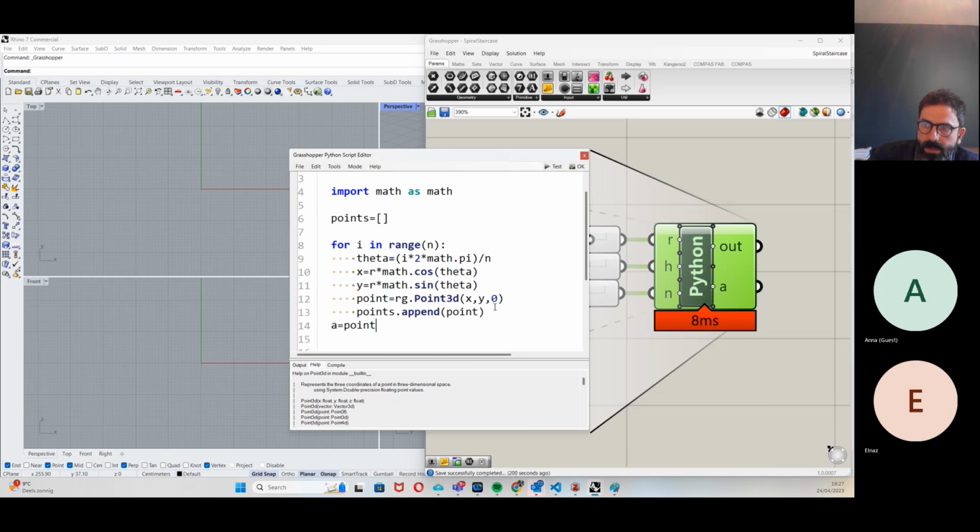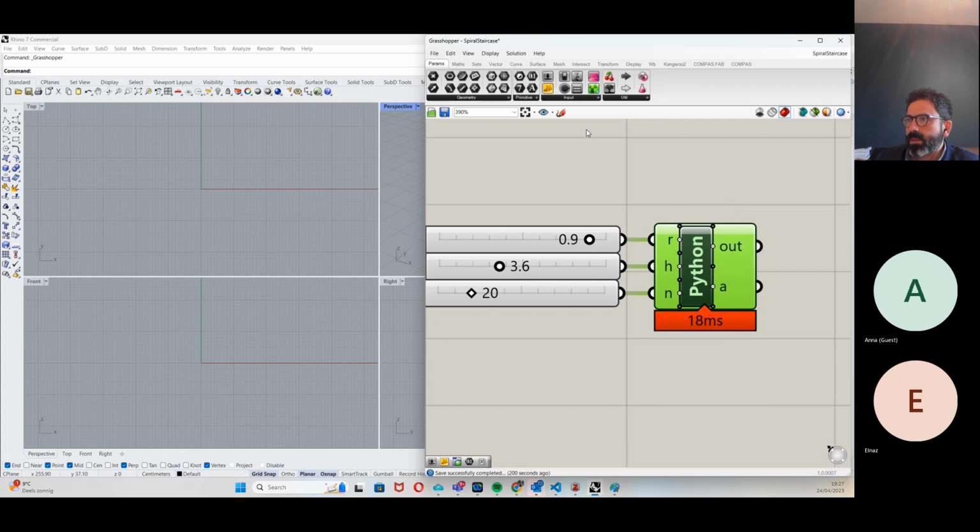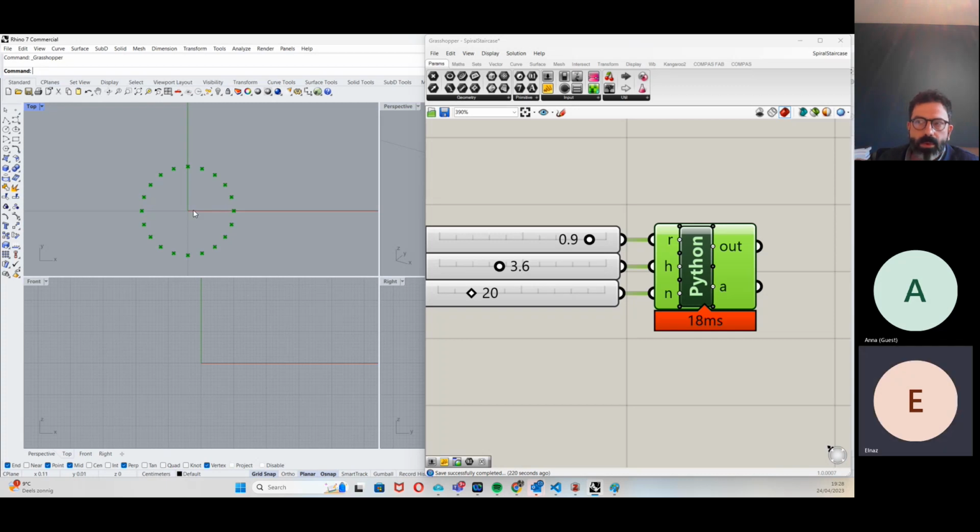A equals points. Let's see what we get. Hey, we have them. Okay, so we have divided the circle into 20 points. And now we have 20 points that hypothetically form the noses of the steps in one flight of steps.